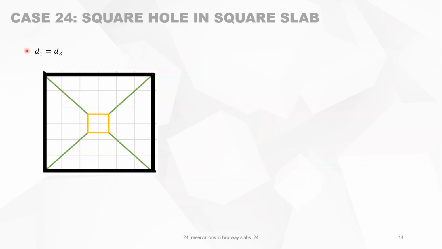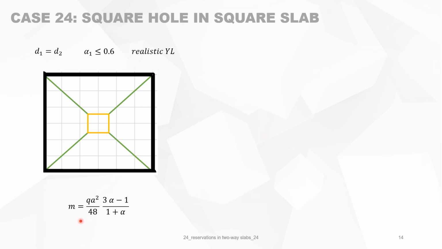For a square slab, D1 equals D2, and we take alpha 1 smaller than 0.6. It means between 0.2 and 0.6, because when you approach the edge of the slab, the method of yield lines is not valid anymore, because you do not have any realistic yield lines.